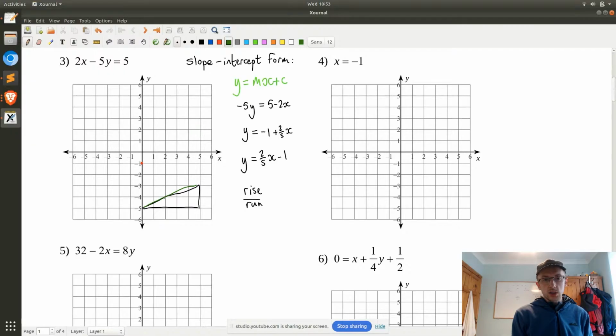So just translate that up there, visualize that moving up. Visualization is an important part of this. And there's your second point right there. You see? 5 along, 2 up. Okay. Get your ruler, draw a line through those 2 points.